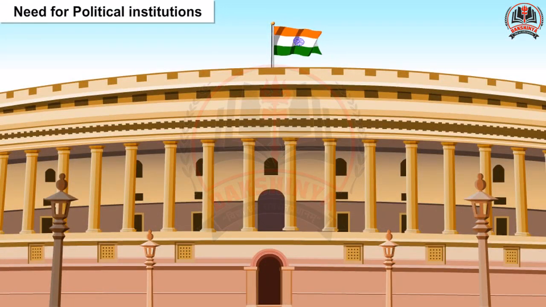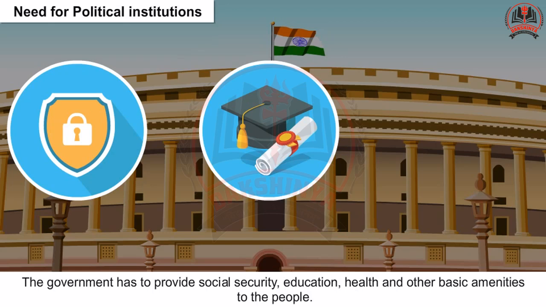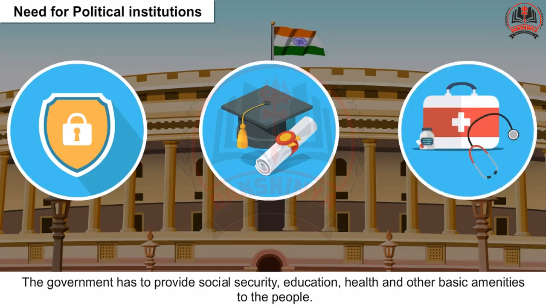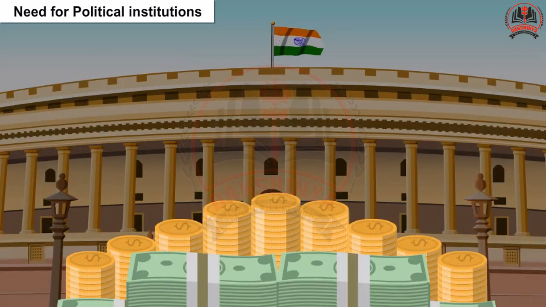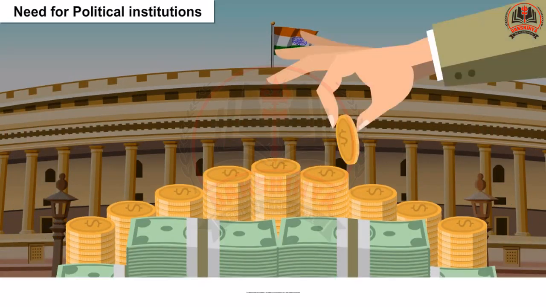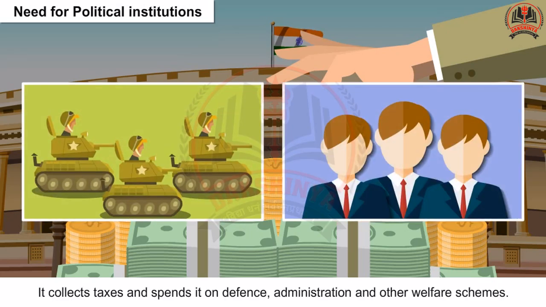Need for political institutions. The government has to provide social security, education, health and other basic amenities to the people. It collects taxes and spends it on defense, administration and other welfare schemes.